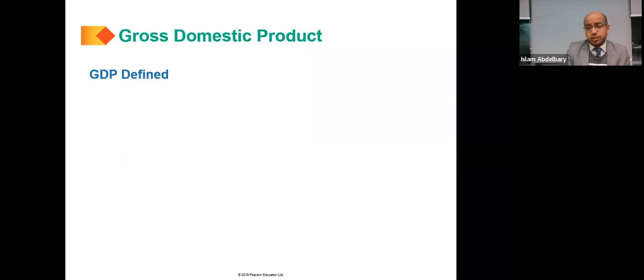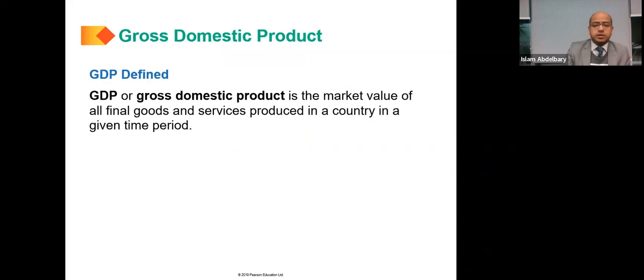So what is the GDP? First, we define GDP as in the last lecture: gross domestic product is the market value of all final goods and services produced in the economy in a given time period.